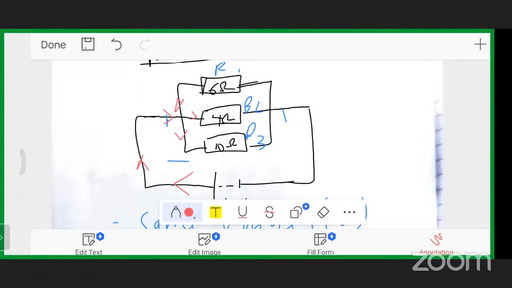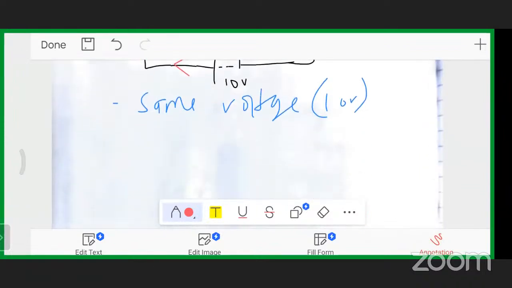So the total resistance in the circuit, R total, will begin again with the total voltage divided by the total current.